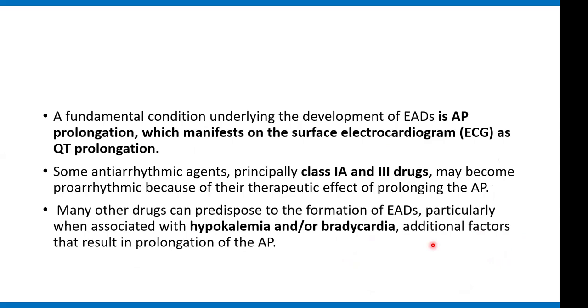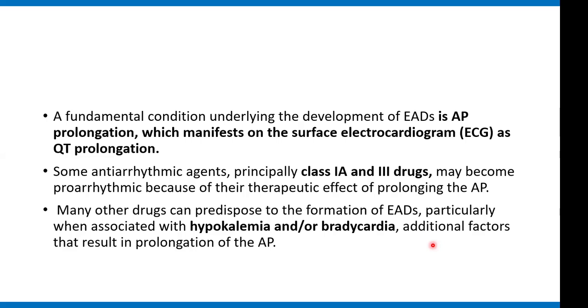Okay. So one of the main conditions, or the fundamental, is action potential prolongation. And on the ECG, we see it as QT prolongation. And that is one of the foundations of the early afterdepolarization current that we have. Some antiarrhythmics can do that because their therapeutic effect is to what? Prolong the action potential.